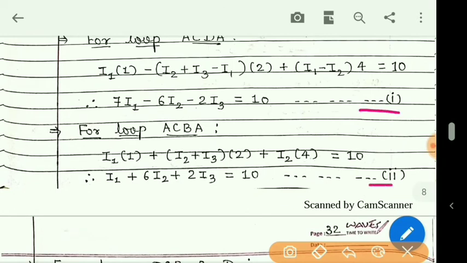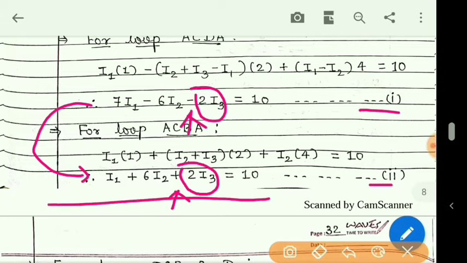You can see here this is 2i3 and here it is 2i3, but this is positive and this is negative. So if we simply add these two equations, then these terms will cancel, and 10 plus 10 will be 20.